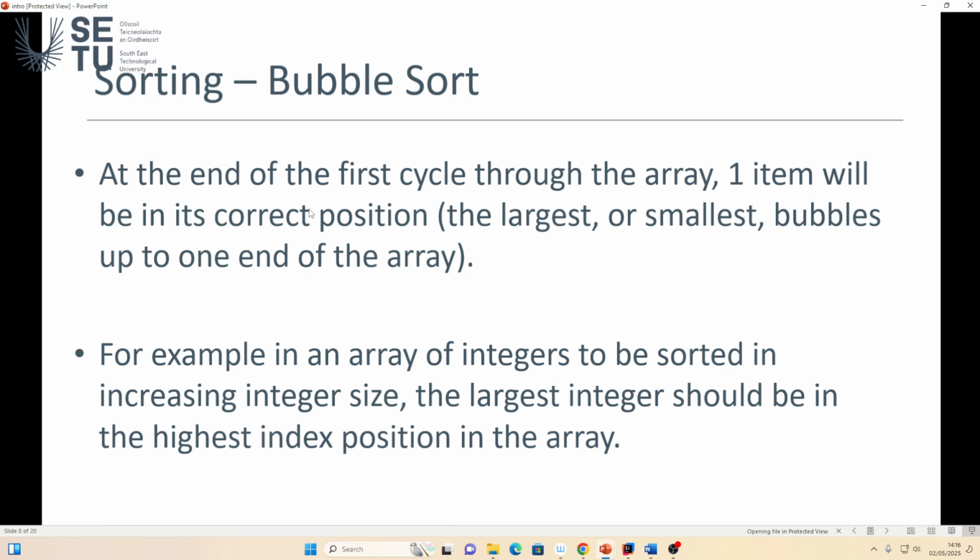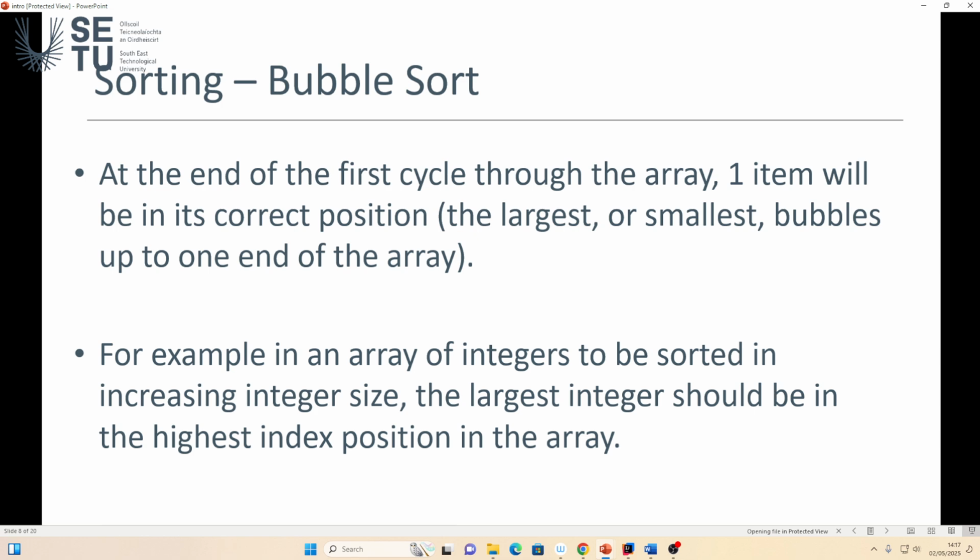You looked at bubble sort. So we looked at sorting, and we said sorting was when we put objects in some sort of order. So in a bubble sort, what does the bubble sort do? At the end of the first cycle through the array or the array list, whatever the data structure is, one item will be in the correct position, whatever we deem it to be, the largest or the smallest, whatever it is.